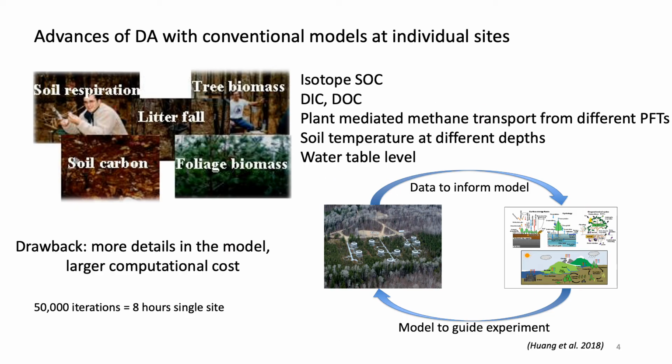The advantage of working on data assimilation with conventional complex models is that modelers can assimilate any detailed observation data into the model. For example, soil carbon content, foliage biomass, soil respiration, as well as some very specialized data sets such as isotope soil carbon content, dissolved inorganic and organic carbon content, and also plant-mediated transport of methane from different plant functional types.